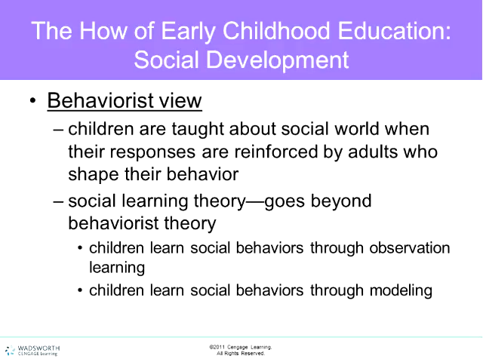Children are taught about the social world when their responses are reinforced by adults who shape their behavior, and we see this quite a bit. The social learning theory goes beyond the behaviorist theory in that they believe children learn social behaviors through observing other people.